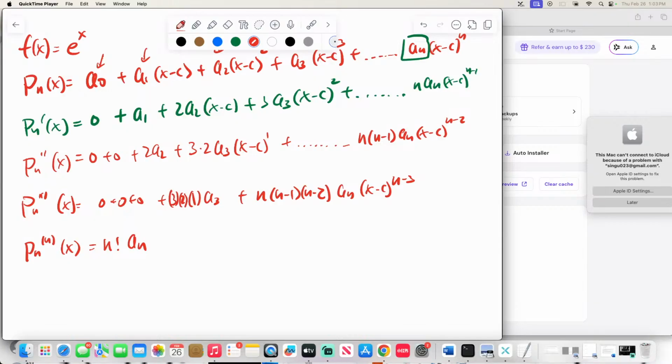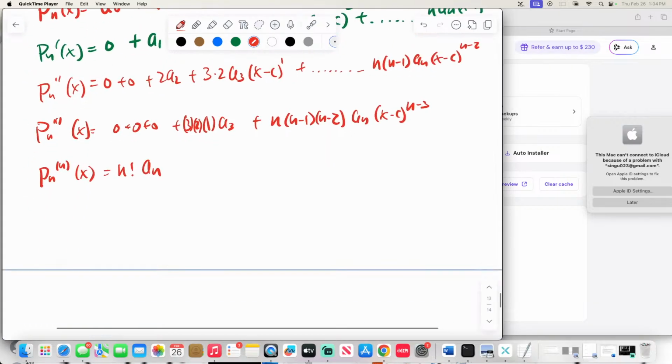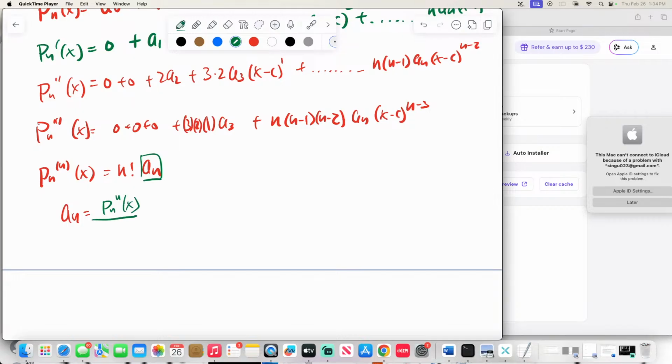Good. What we just figured out is an. If I solve for an, this one is going to be the nth derivative of P at x, divided by n factorial.